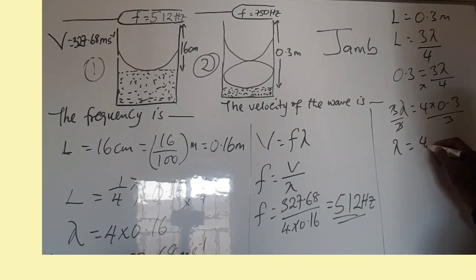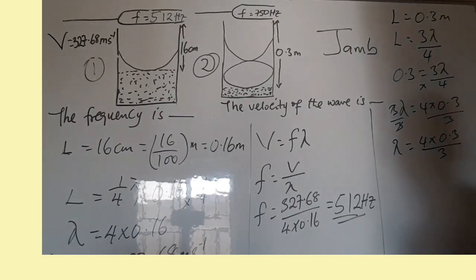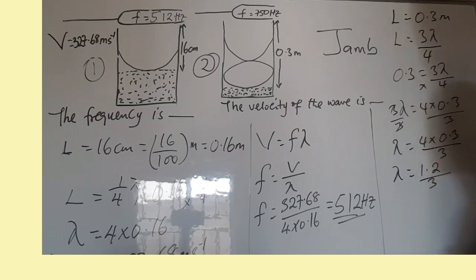Lambda will be equal to 4 times 0.3 over 3. It's very simple, you don't need to disturb yourself. This times this gives you lambda equal to 1.2 all over 3. You can leave it there because that is not the end of the story.